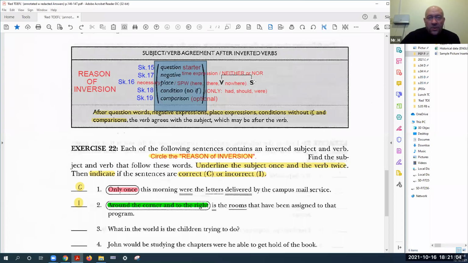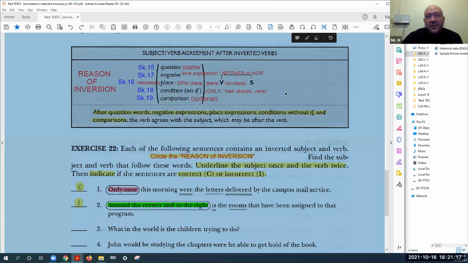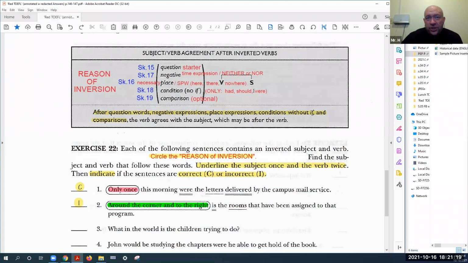Okay. How about skill 18? Asil, can you read that? Condition, no if, only had, should, were. What does that mean? Ahmed, you know what that means, right? Only had, should, and were. Conditional word, right? But why does it say only had, should, and were? This is the formula.